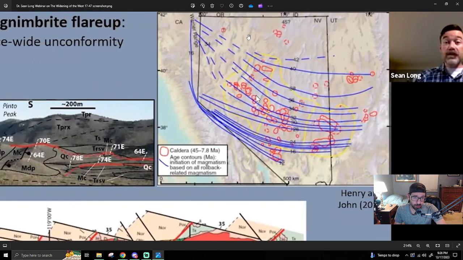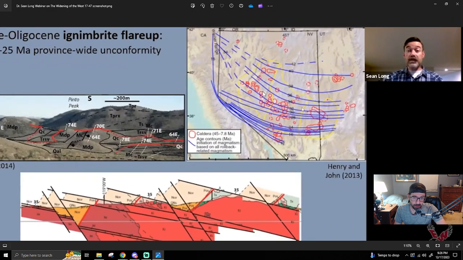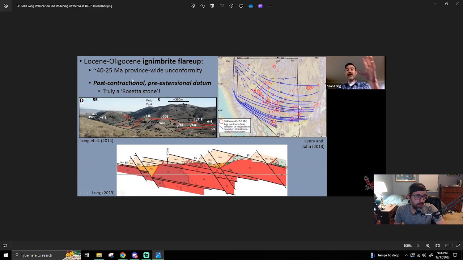and I was also saying here's the age of these contours and the calderas. A post-contractional, pre-extensional datum of this flare-up, truly a Rosetta Stone.